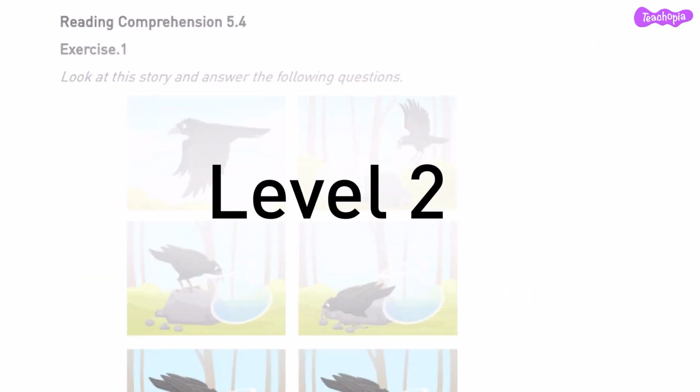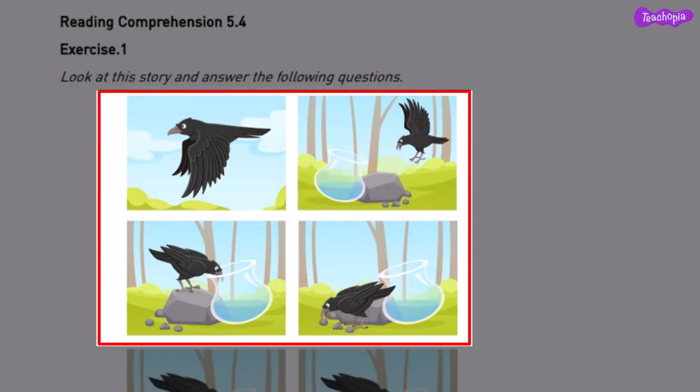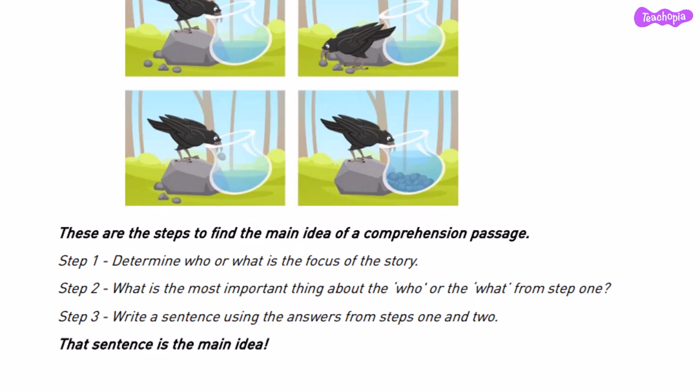In Level 2 of Reading Comprehension, we will look at picture story creation, where learners will look through picture sequences and use simple steps that identify important details in the story that help them arrive at the main idea of the story.